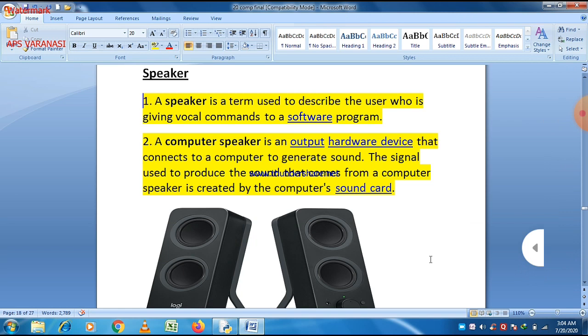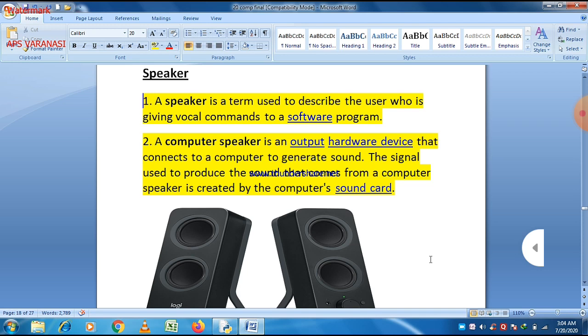And regarding the printer, printers are basically divided into two basic categories: impact printers and non-impact printers. So you should remember all the types of impact printers and all the types of non-impact printers and their working, how a laser printer is different from an inkjet printer, and what is the working principle of a dot matrix printer. These types of questions are asked in your examination.